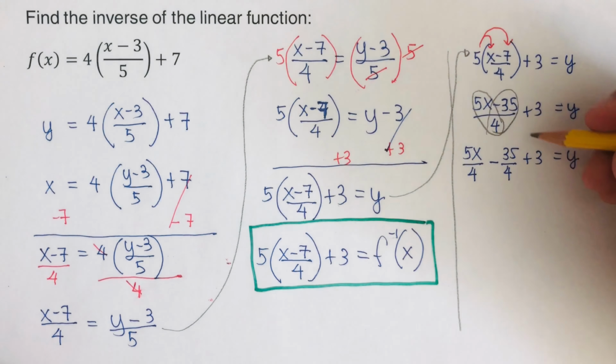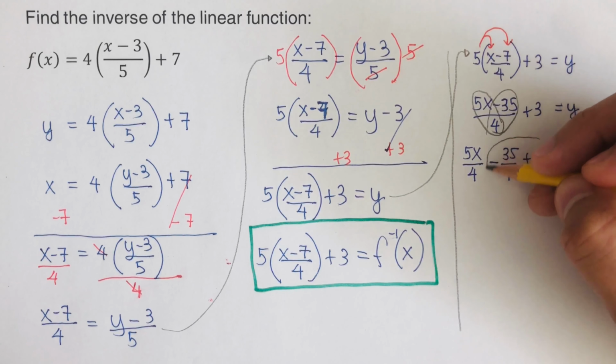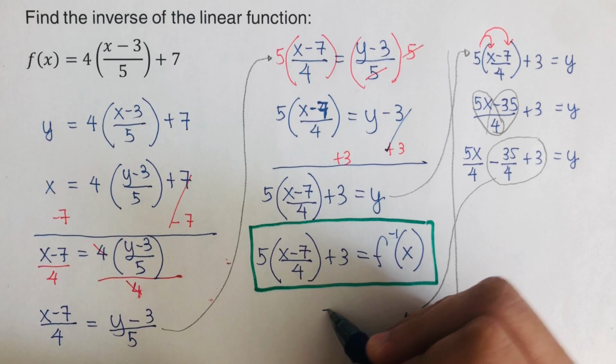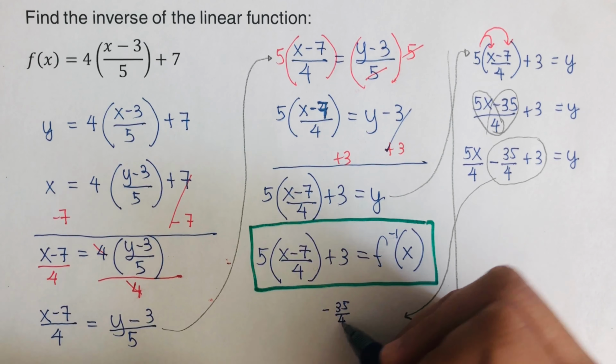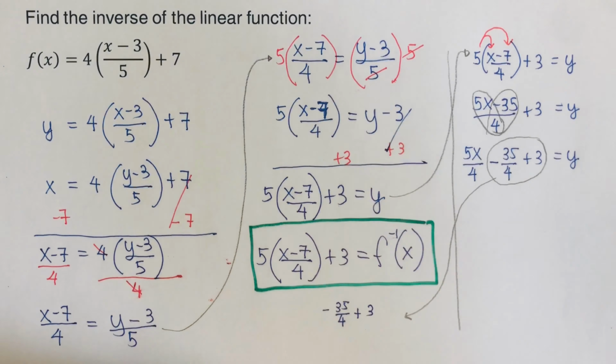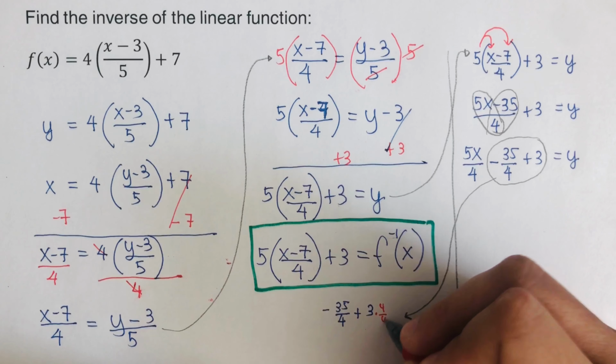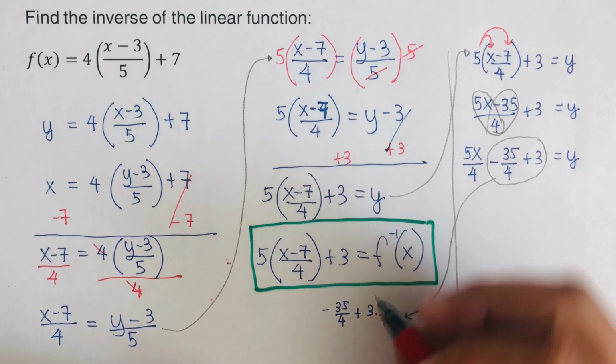Now remember that this one right here can be simplified. I'm going to show the work down here. How do we simplify this? So this is going to be negative 35 over 4 plus 3. So then we can go ahead and multiply both sides by 4 over 4 so that we can have the same denominator.